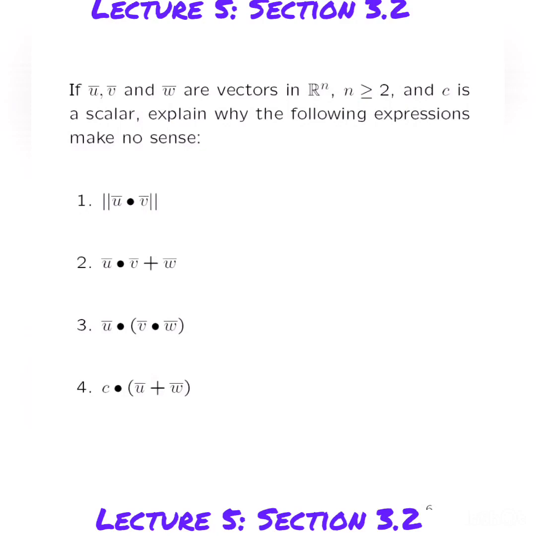The third one, again, is you're taking a dot product of a vector u with a dot product, which is not a vector. The last one there is we're taking a dot product between a scalar and a vector, and dot products only work between vectors, so that also doesn't make sense.